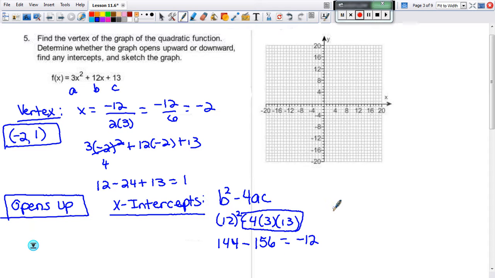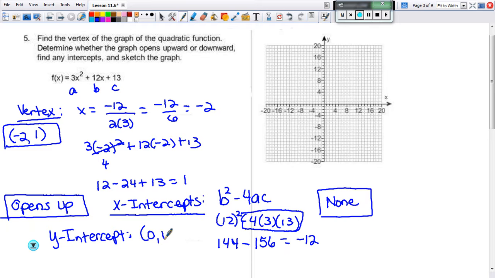This is a negative discriminant, which means there are no x-intercepts, so you would say none. My y-intercept is 0 with the value of c, so 0, 13. Okay, so you have to graph your vertex, which is at negative 2, 1.